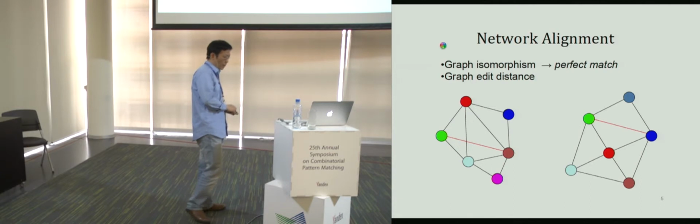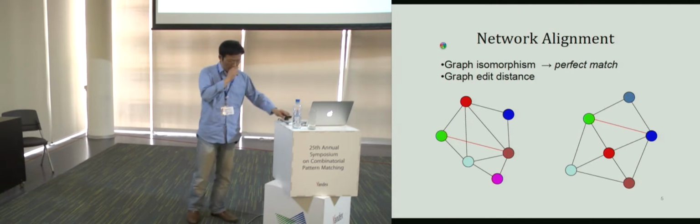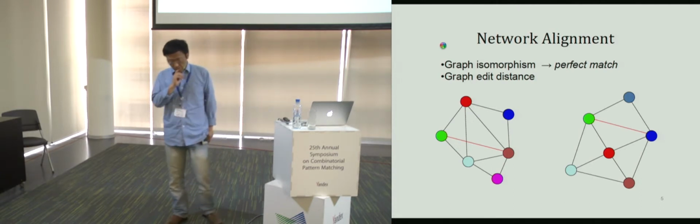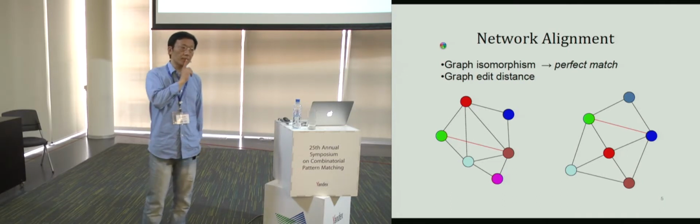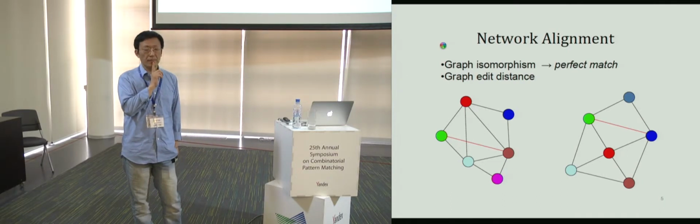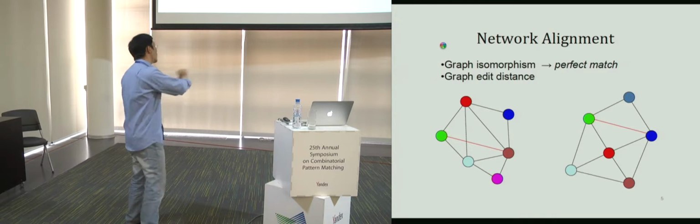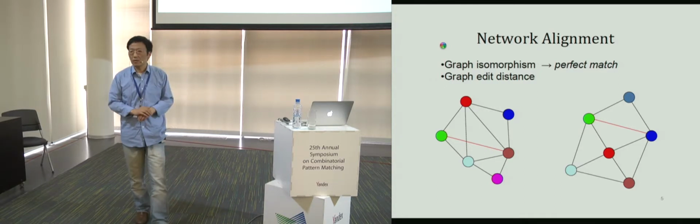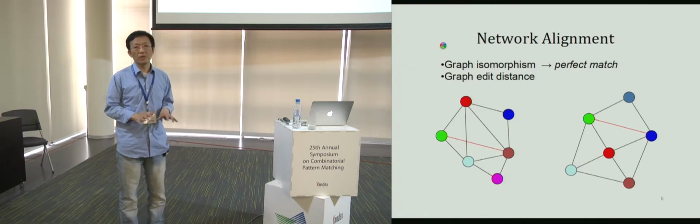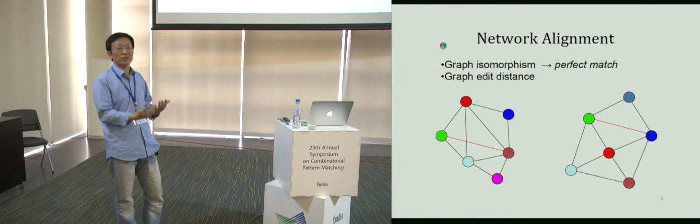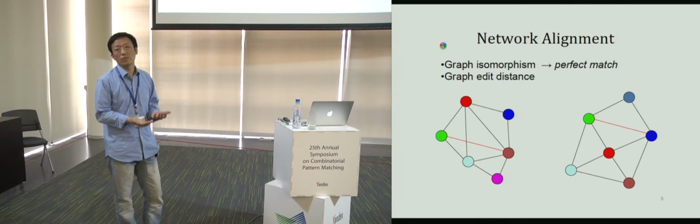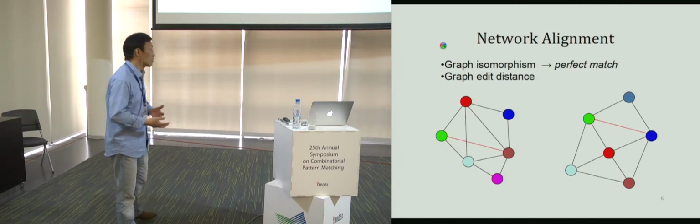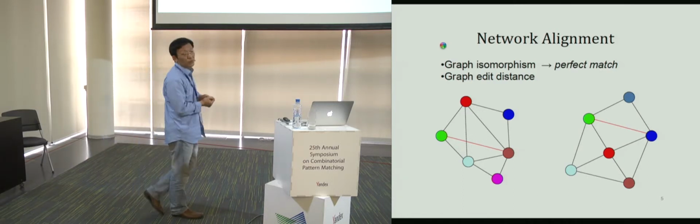But it is known that the graph edit distance problem is a very hard problem. For general graphs, there is almost no effective algorithm to compute the exact, optimal solution, and not even a good approximation.